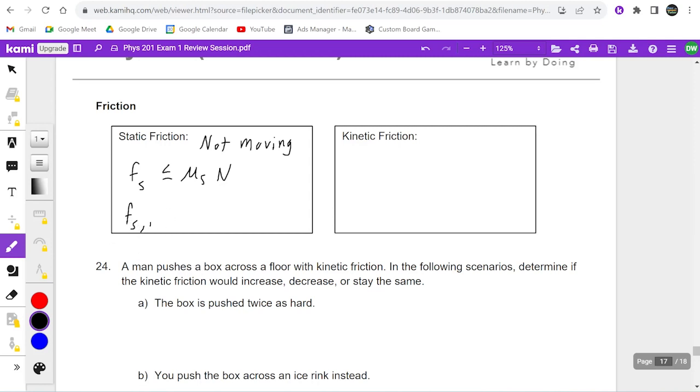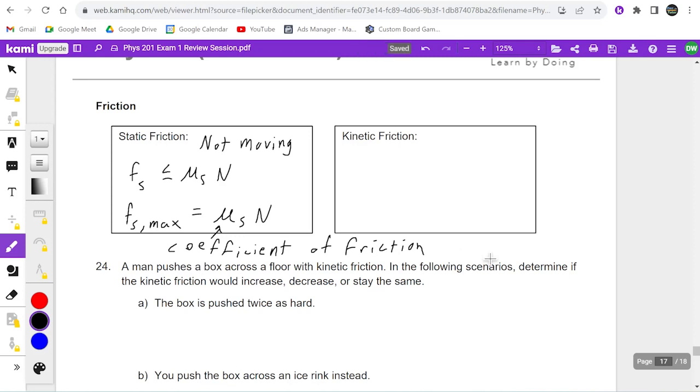The only thing I want to say is that there is a point in between static and kinetic. It's literally the point at which it switches over. We call that the max static friction force, and that's the only time you get to say equals. Also, that variable right there is called the coefficient of friction, and it depends on what surface you're on.